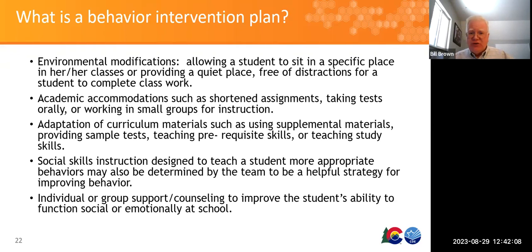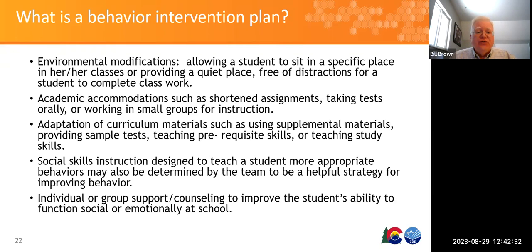Accommodations might be shortened assignments, helping them with taking their tests. It might be accessing a calculator when they're working on some kind of math, or working in small groups rather than whole group situations. It might be adaptation of curriculum and materials, such as pre-teaching skill sets, or study skills, or giving them test-taking skills.